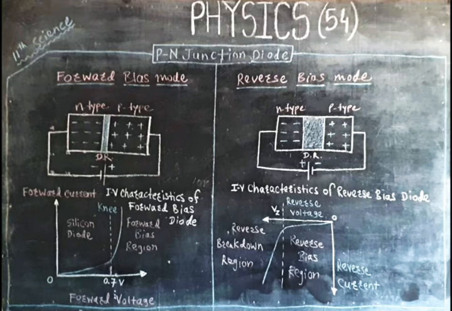Because of that, the current through a forward bias diode is very large, of the order of 10 raised to minus 3 amperes, meaning milliampere. In reverse bias mode, as the barrier potential is increased, a large flow of current is not seen. The current flowing through reverse bias mode is very small, of the order of 10 raised to minus 6 ampere, that is microamperes.